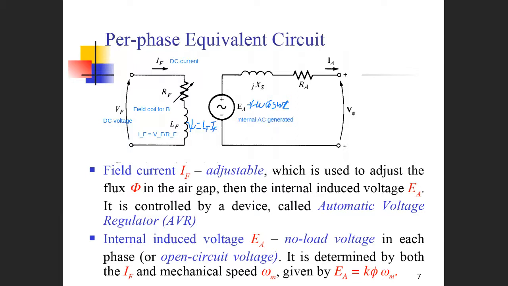This EA here is the internal generated AC voltage. Remember this one, generated AC voltage. So the field coil side is DC, and the armature coil side generates AC.